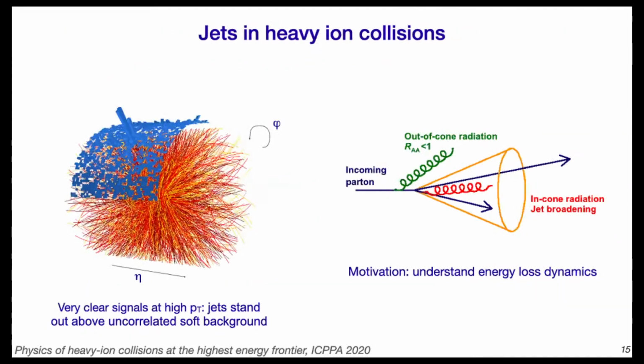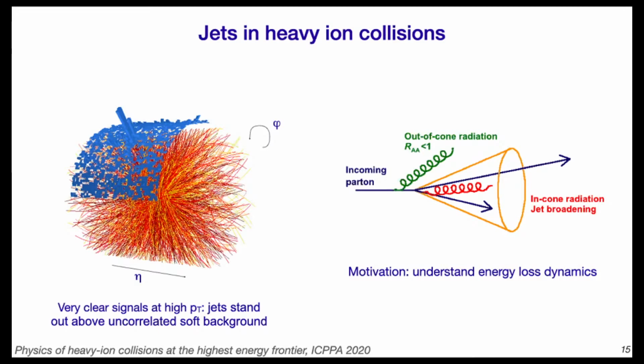So to do that, we look at jets. So jets are the particles coming from the fragmentation of high momentum partons, quarks or gluons, or heavy quarks. And then they have an experimental signature, which you can see on the left. You see in an event display a clear concentration of energy, which comes from the fragmentation of one hard parton.